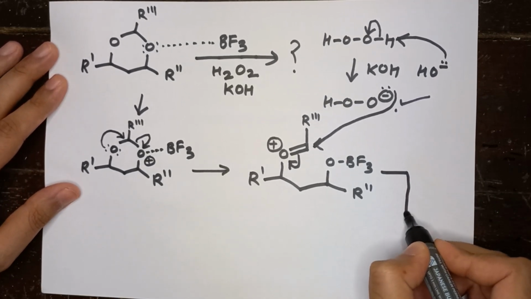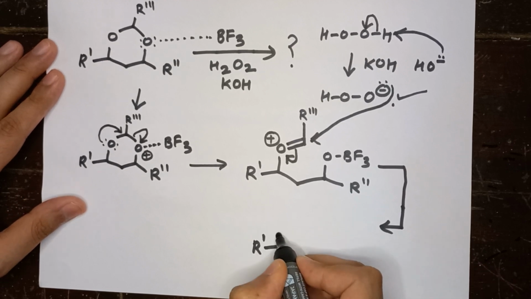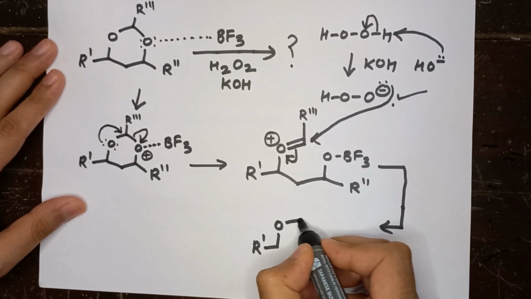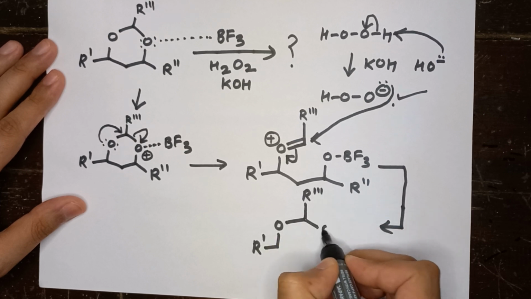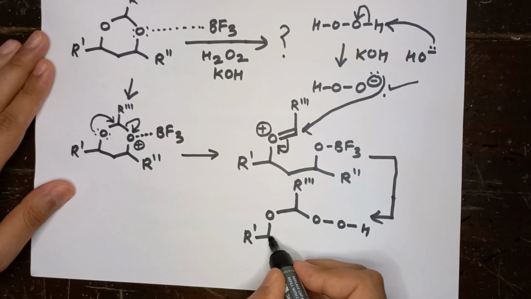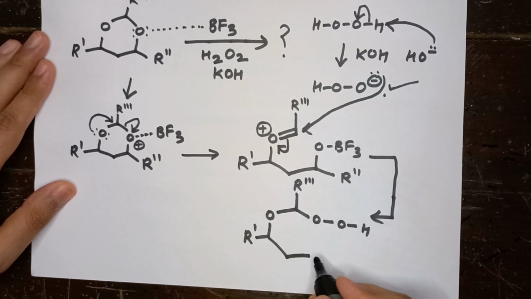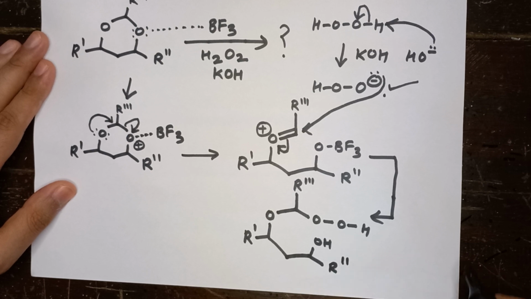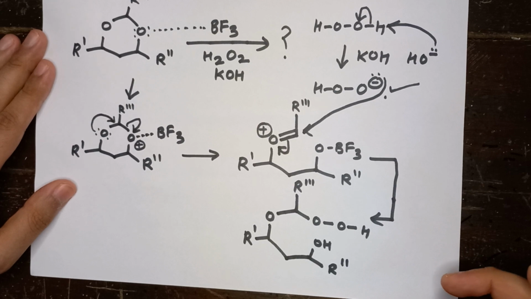So this will attack at this carbonyl, and this bond is going to break. So this will give me this, and this OBF3 will be hydrolyzed into OH. So we have generated this particular intermediate.